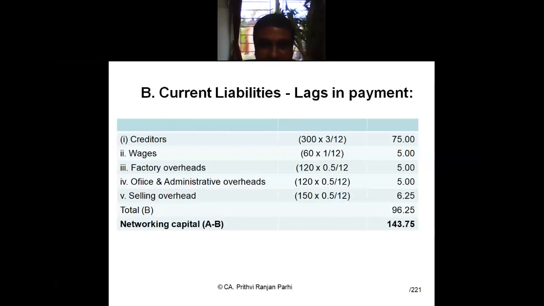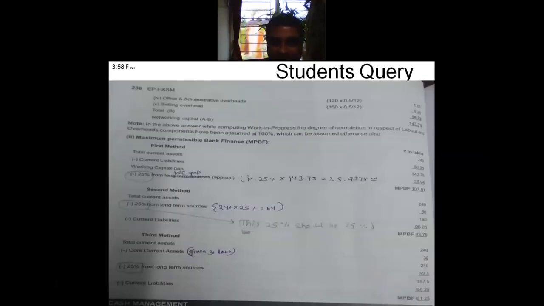Now, your doubt, which you sent through mail as a snapshot: we have computed the working capital gap, and now how should the maximum permissible bank finance be computed? Your question is why they are deducting 25% here, whereas you have been taught that it should be 75%.